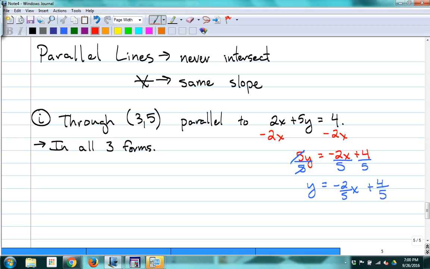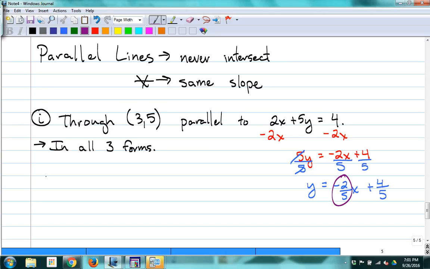The negative 2 over 5 is the only part we care about. That is going to be the slope of my new line, the negative 2/5. Parallel lines have the same slope. So we get the slope from the equation it's parallel to. And that's what we need to get out of this.